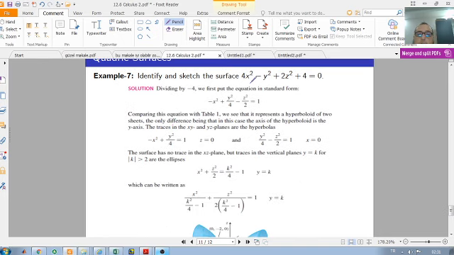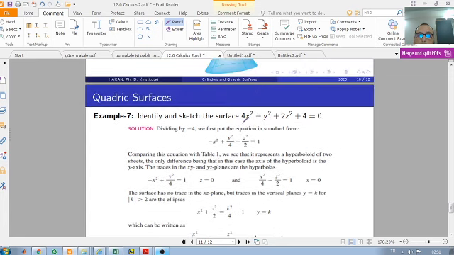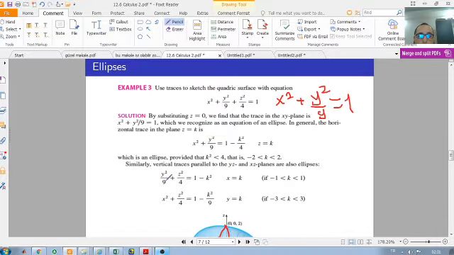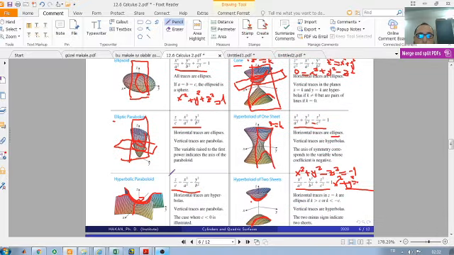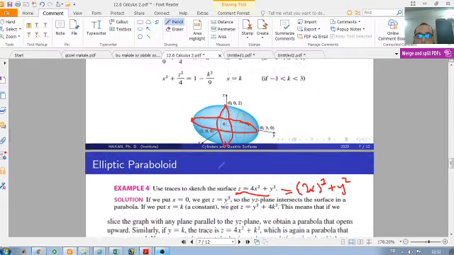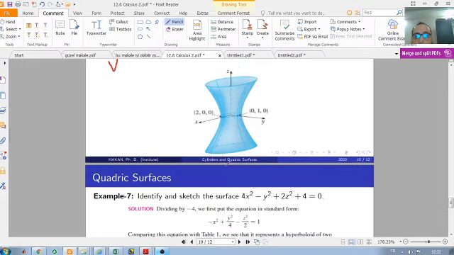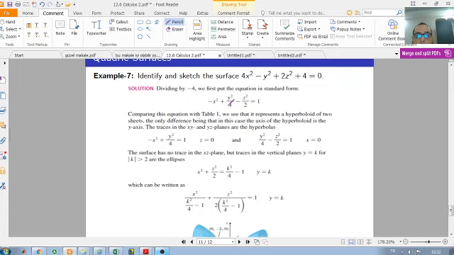Identify and sketch the surface. So you see, generally, this equation cannot be compared in the current form in the table, but by doing some operation, we get a similar equation in the table, dividing by minus 4.